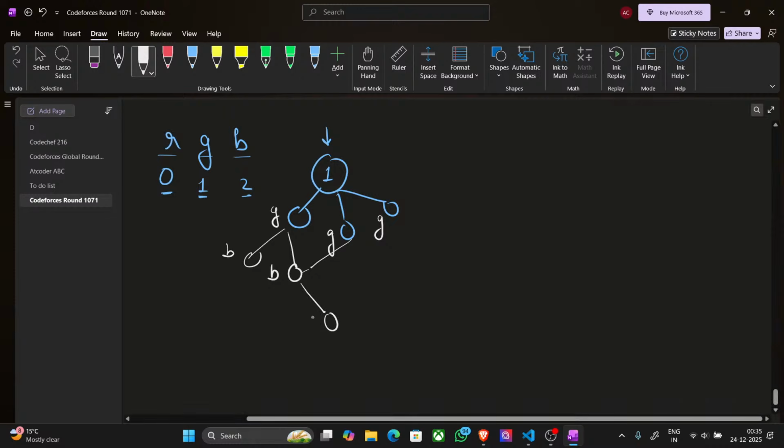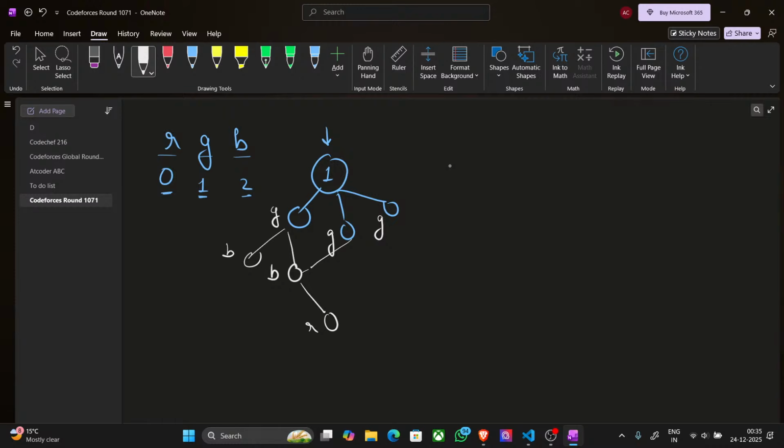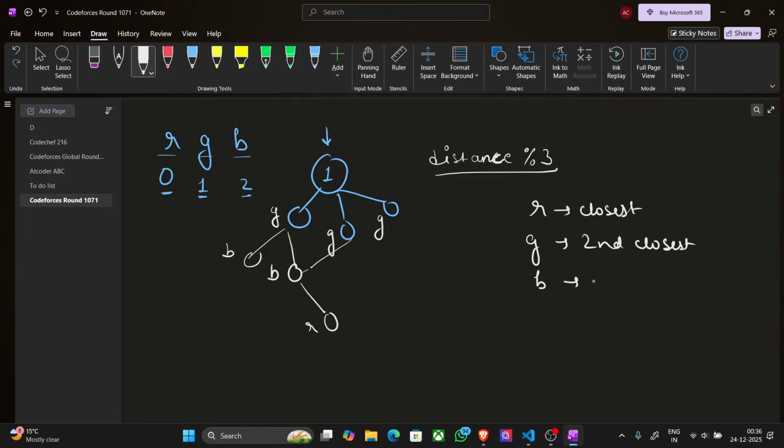And so on. Then after that I will place red again, because it goes into a cycle. So what I am doing is taking distance modulo 3 and putting the colors on the vertices. And in this strategy, R is the closest, G is the second closest, and B is the third closest.